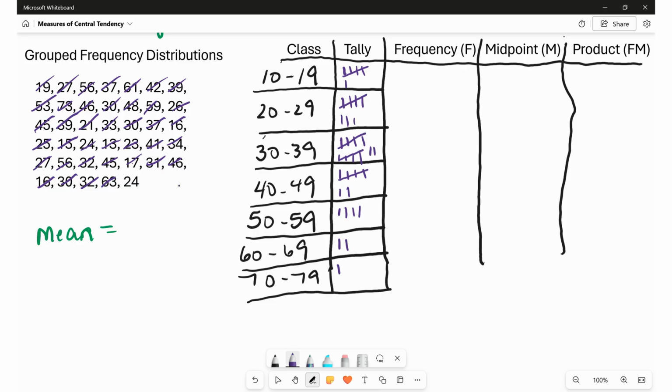And 24. Okay, so that is all of our data points.